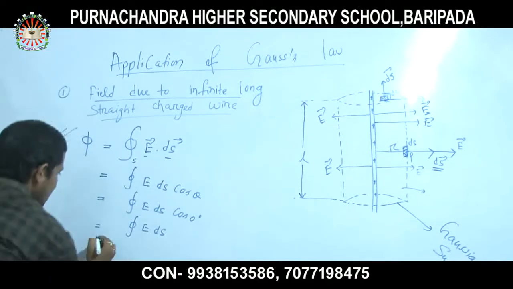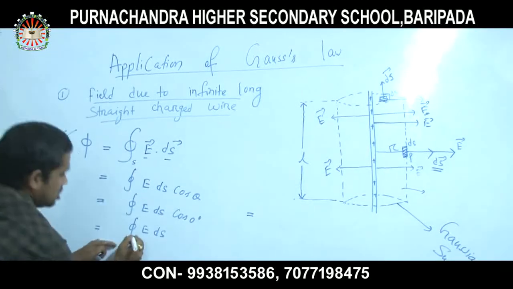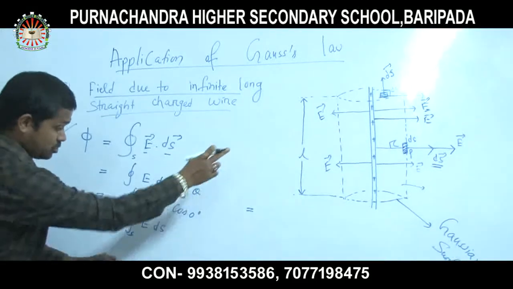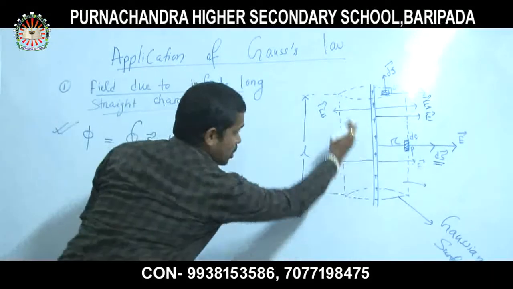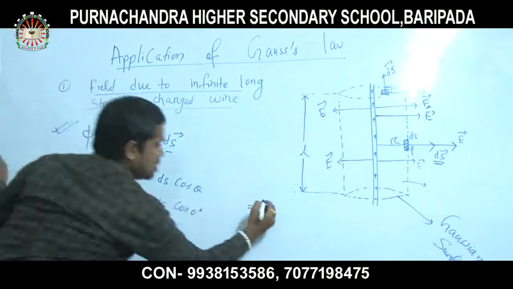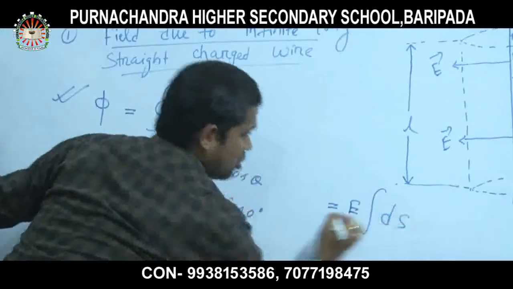Now that is over the surface. Which surface? Curved. That is an important one. This is for the curved surface, this one, not for these 2. So now integration E dot ds. E I will take outside, integration over ds.